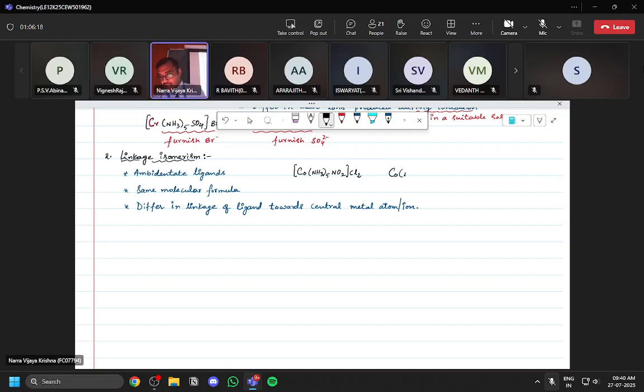Cobalt, NH3 5 times, ONO, Cl2. Observe the difference. This is a red color complex, this is a yellow color complex. Give the name of the first complex.